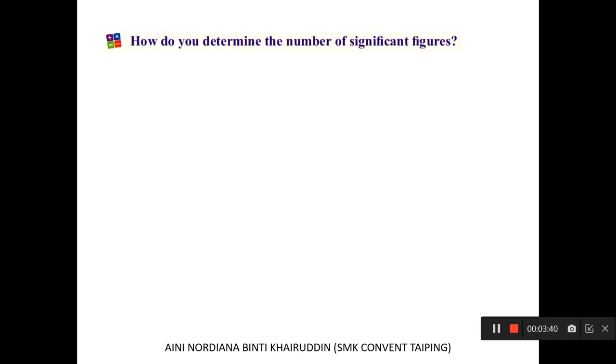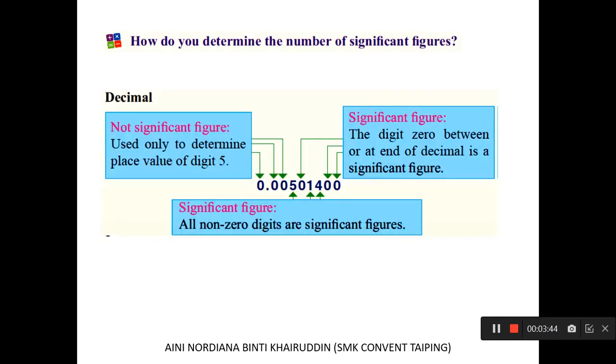Okay. How do you determine the number of significant figures? Have a look at this. For decimals, the zeros in 0.00 are not significant figures. They are used only to determine the place value of digit 5.